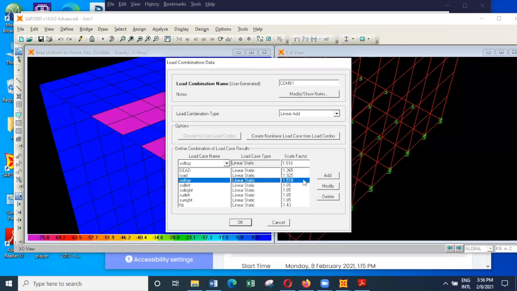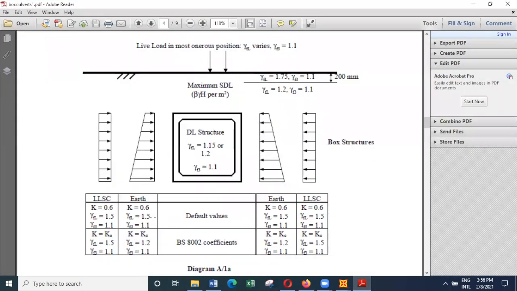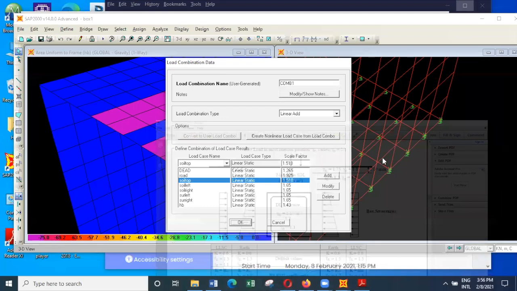So here you should be getting 2.21. Then for soil left, the factor is 1.5 multiplied by 1.1, which gives you 1.65.